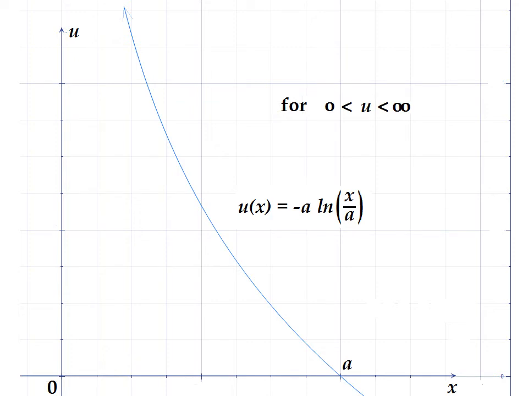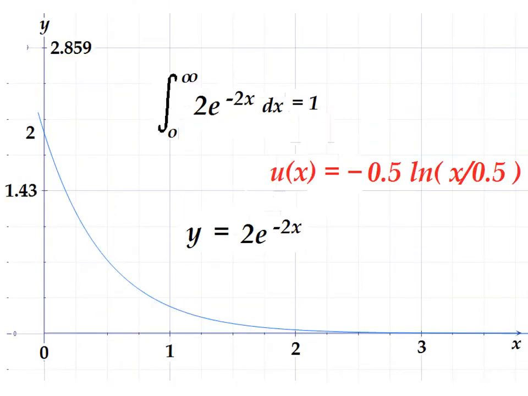Okay, it's interesting to note that this change of variable function u of x has a domain from 0 to infinity. U lies between 0 and infinity, as seen graphically here. Okay, now we're going to let our parameter a equal 2 for illustration purposes.